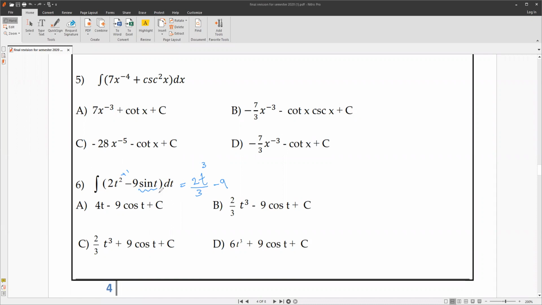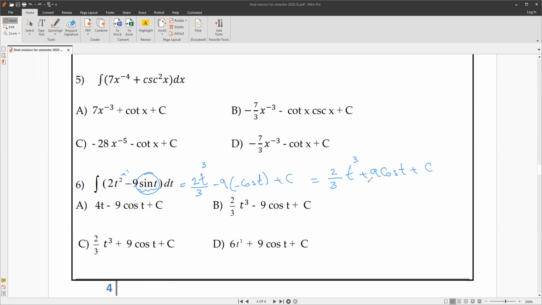The integration of sine t will be cosine, but it has a negative, so negative cosine t plus constant. Rewrite in sum form: 2t cubed over 3 plus 9 cosine t plus constant. Don't forget the integration of sine is negative cosine. Negative what? Cosine. So it will be 2/3 t to the power 3 plus 9 cosine t plus constant.